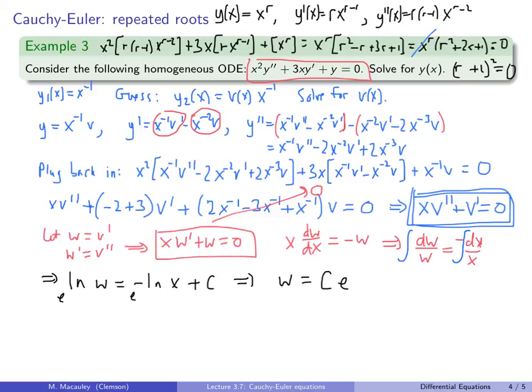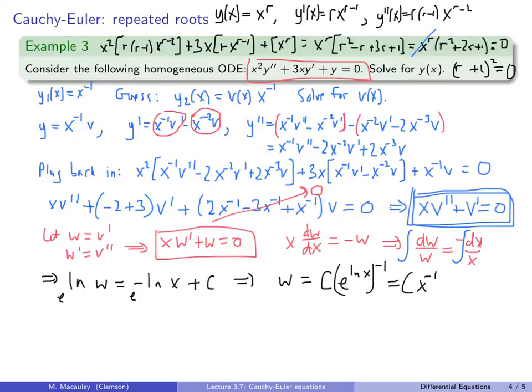So this is e to the natural log of x to the negative 1. Agreed? And that's c, not e anymore, c times x to the minus 1. Okay, so this is the general solution.